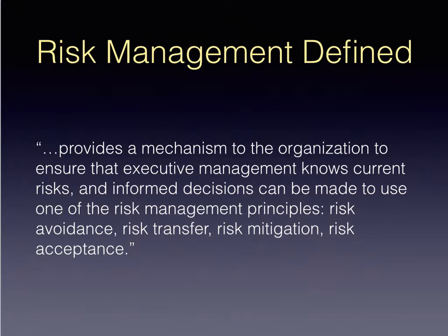Risk mitigation is to implement controls that will mitigate the risk. And risk acceptance is management's decision to simply say, okay, the risk is not too high. It is reasonable and appropriate given the value that we receive from the system or business process or solution that is exhibiting the risk.